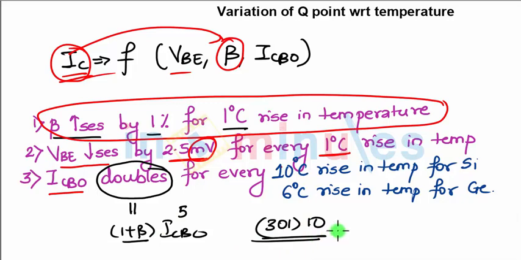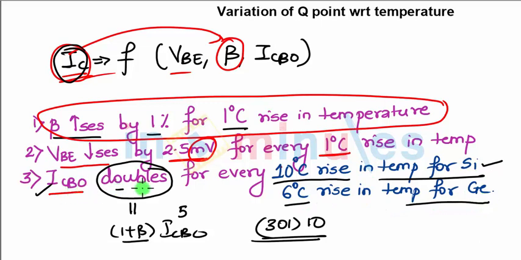So there will be a drastic change in IC for a small change in ICBO with respect to temperature. ICBO doubles for a 10 degrees Celsius rise in temperature for silicon and 6 degrees Celsius for germanium.